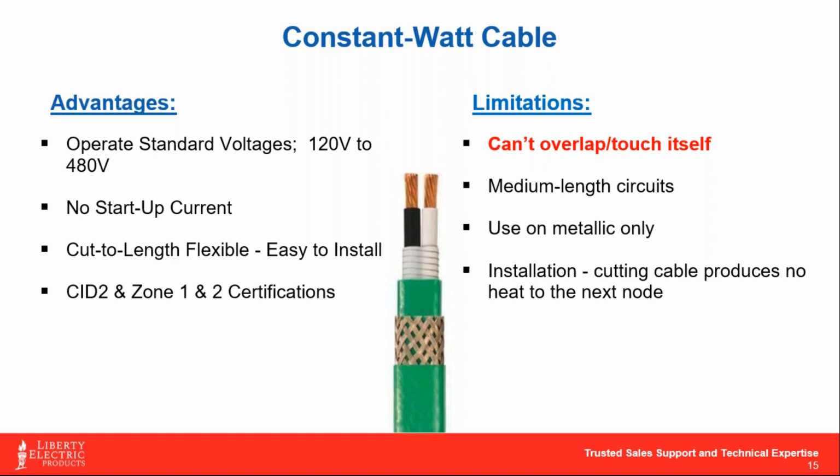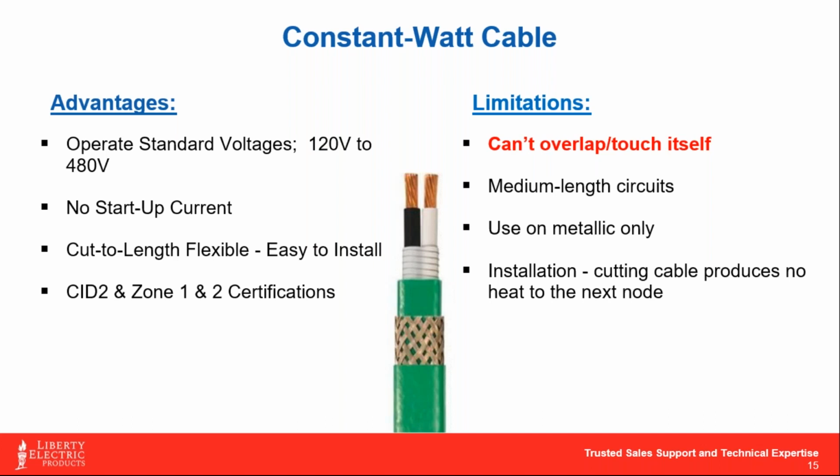So when you cut one of these cables and go and terminate it out in the field, if you cut, say, precisely in between 2 nodes, and those nodes are 2 feet apart, you're going to have no heat output if you cut it right in the middle between them for 1 foot of that newly terminated cable lead.